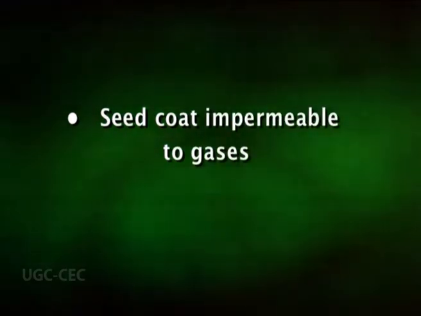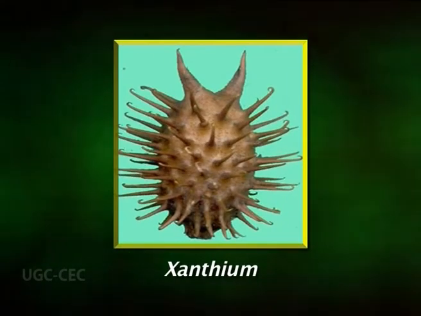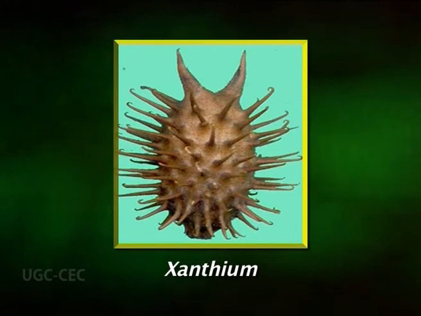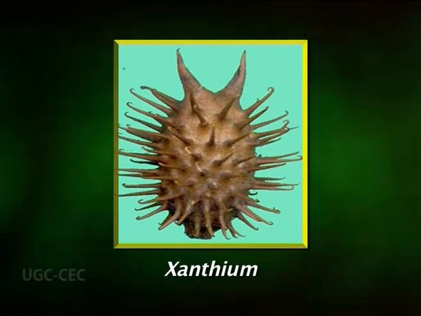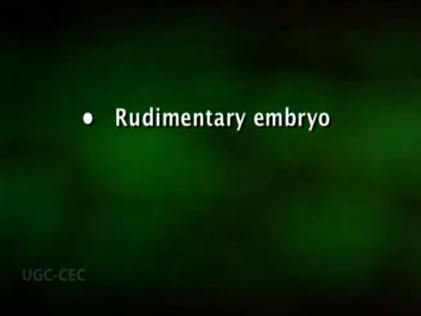Number third, seed coat impermeable to gases. The seed coat of plants like Xanthium is permeable to water but impermeable to oxygen. This causes dormancy in seed as oxygen is required for mobilization of stored food products present in endosperm or in cotyledons. Number fourth, it can be due to rudimentary embryo.